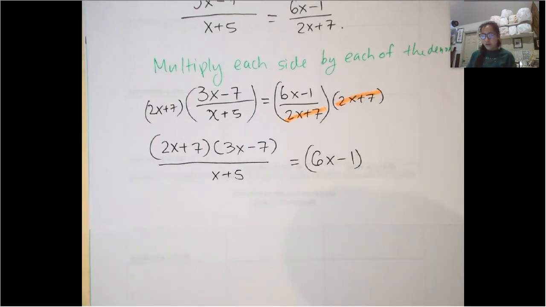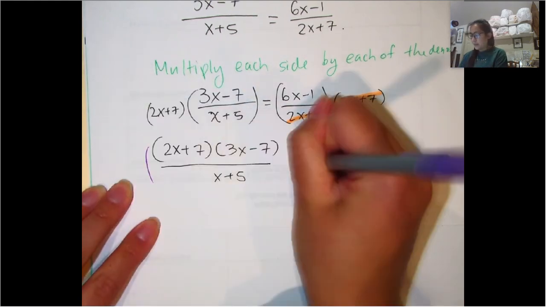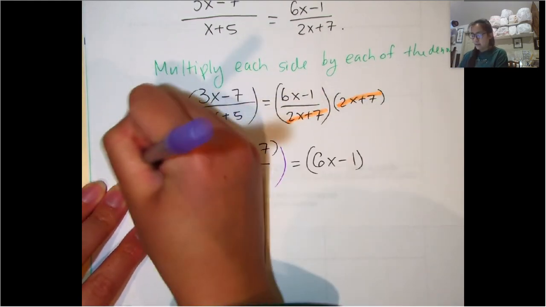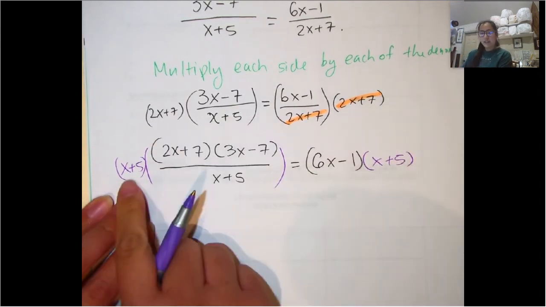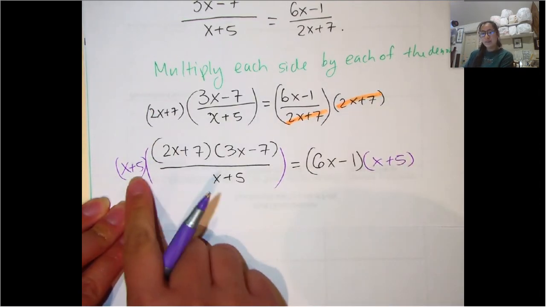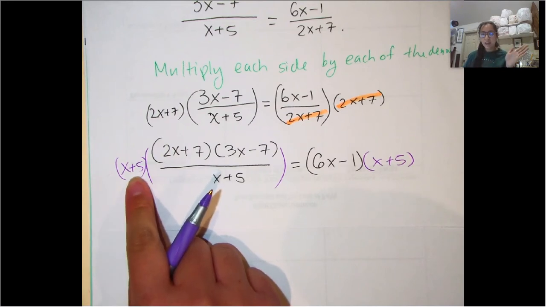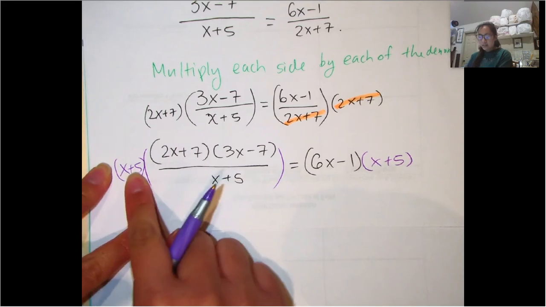Now we'll multiply both sides by the other denominator, which is x plus 5. Notice how I put it in parentheses, because if you don't, it looks like it's x separately and then plus 5 times all of that. So you want to put that in parentheses as well.